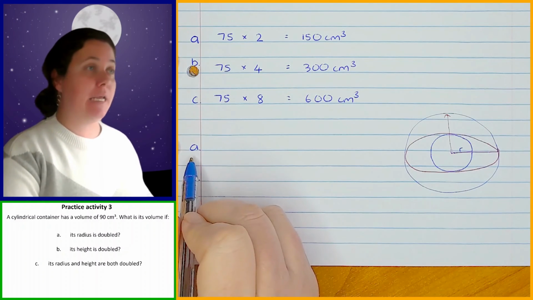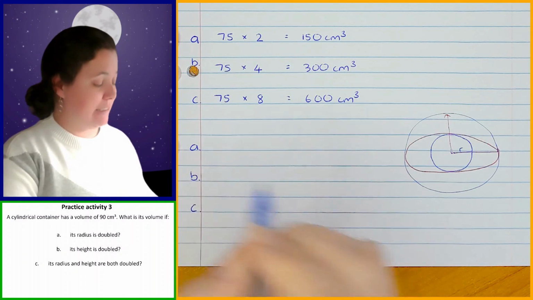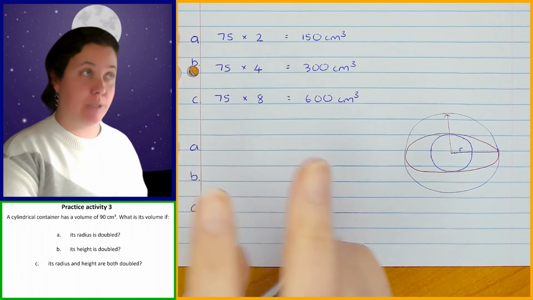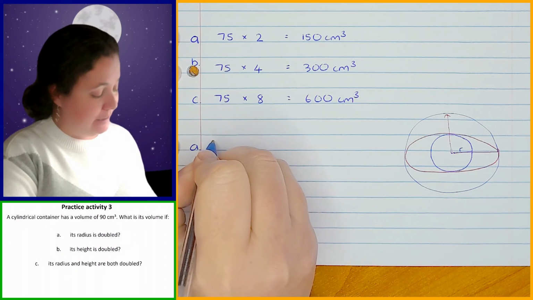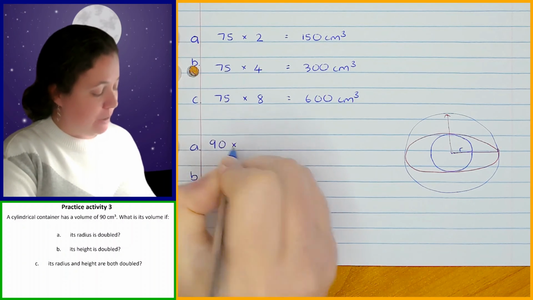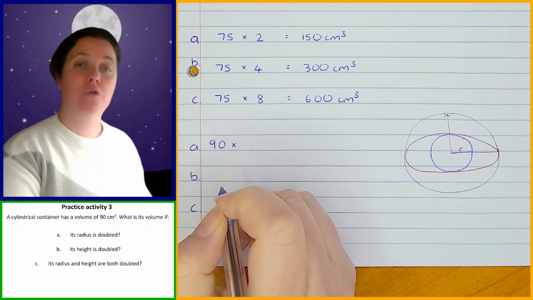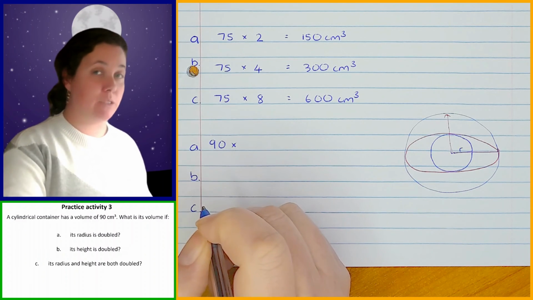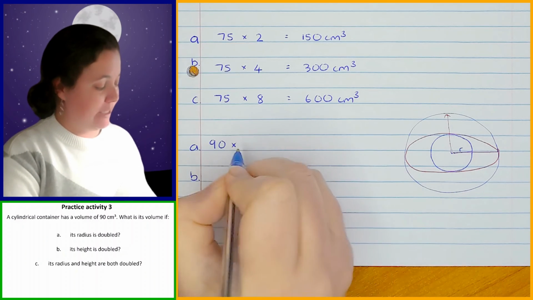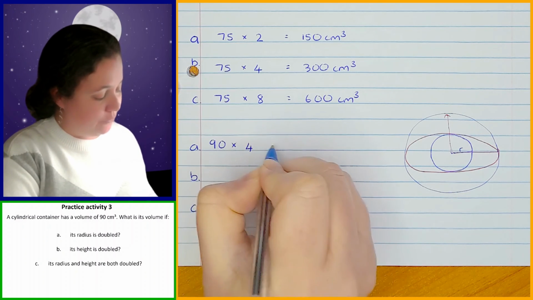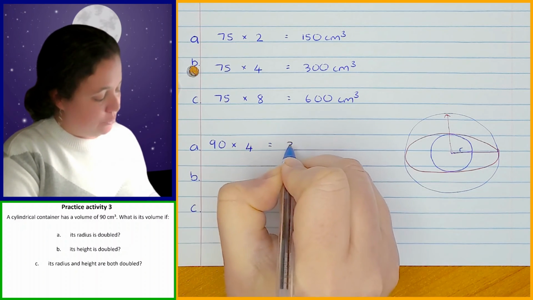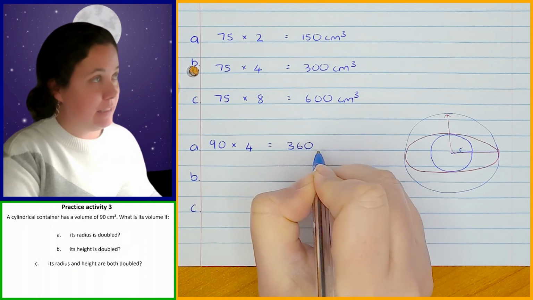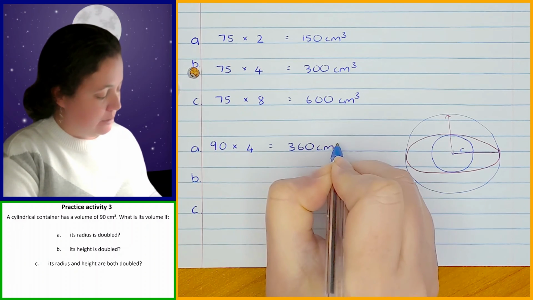Okay, so for question A, we are doubling the radius. So that's 2 dimensions that's been doubled. So I have got 90, and I'm multiplying by 2 for 2 dimensions. So it's times 2 times 2, or times 4, or times 2 squared. So that's going to be times 4, and that gives us 360 centimeters cubed.